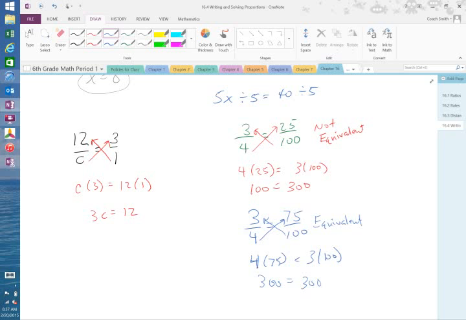Staley? We have to divide by 3. Divide by 3 to both sides. 3 into 3 goes 1 time. 1 times C is just C. That's why you get C on that side. Then you have 12 divided by 3. What is 12 divided by 3, Isaiah? 4. So C is equal to 4.